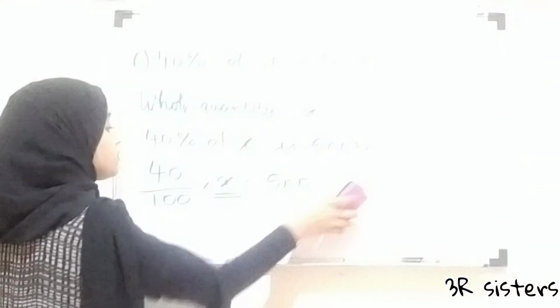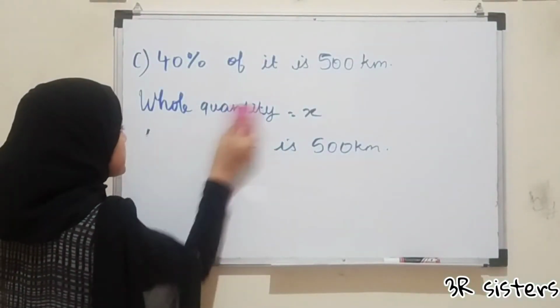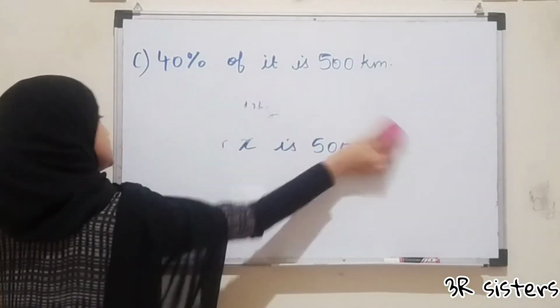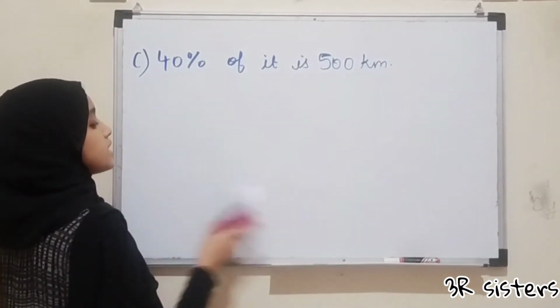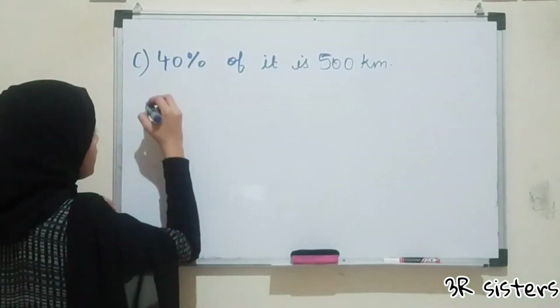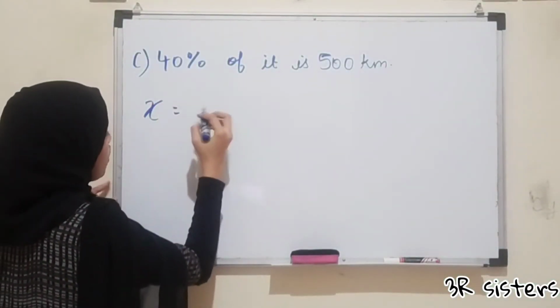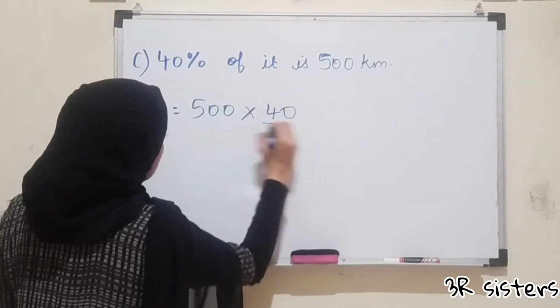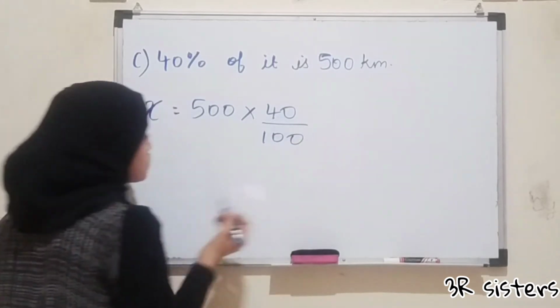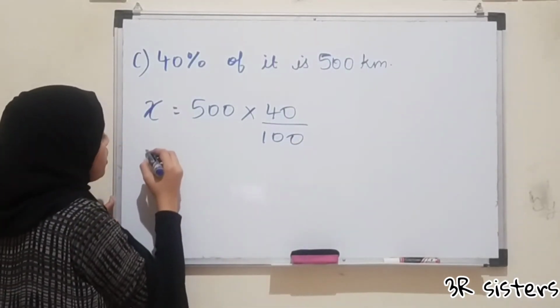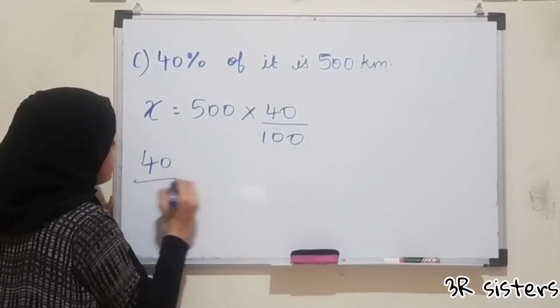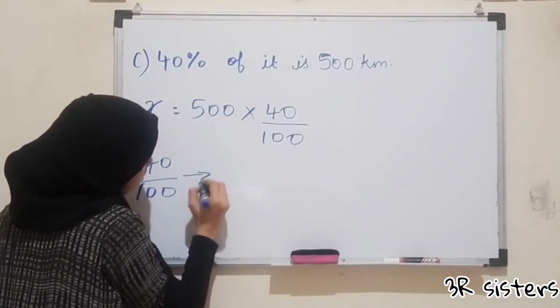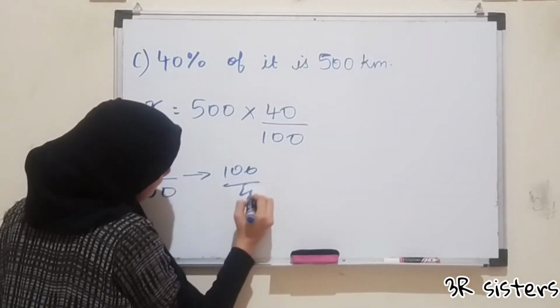Now how will we find the quantity of x? Just recall what we did previously. We'll write x equals 500 into 40 by 100. Okay, so what is the reciprocal for 40 by 100? It gives us 100 by 40.